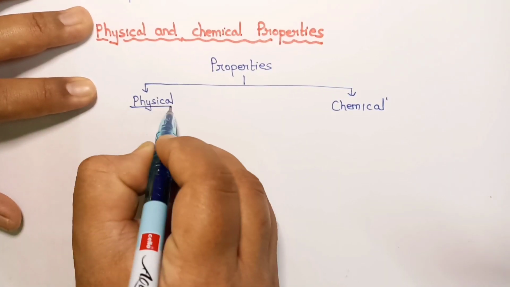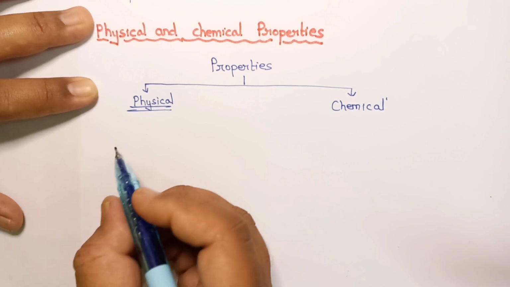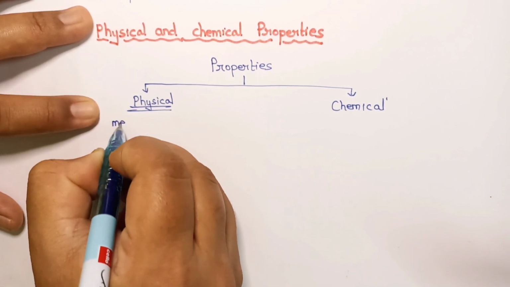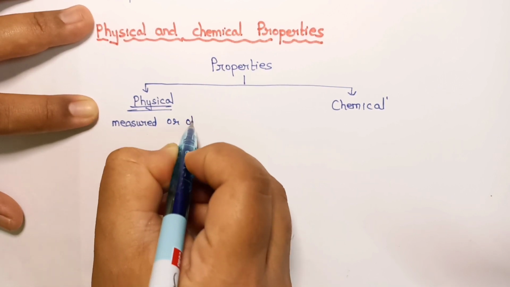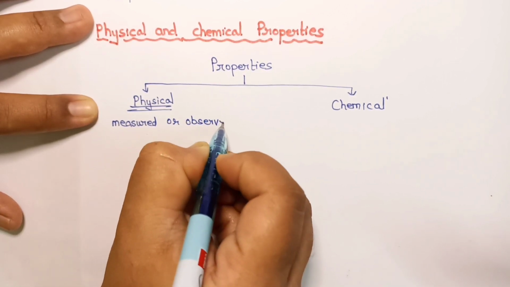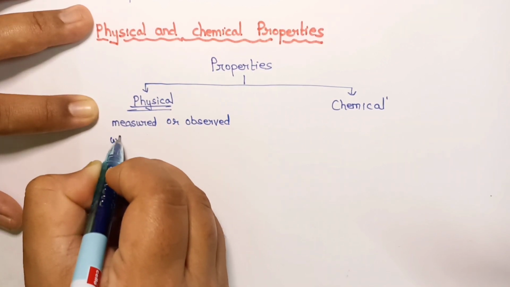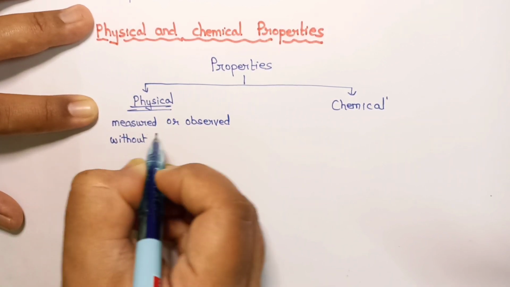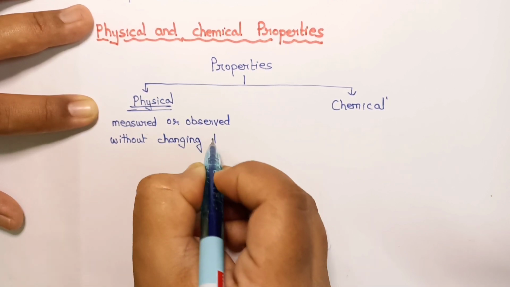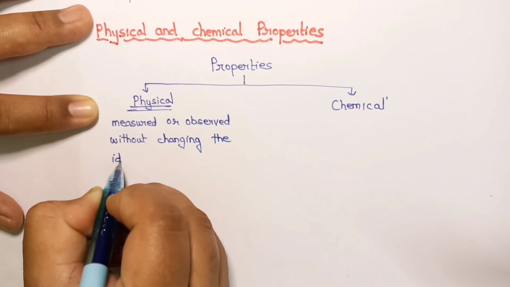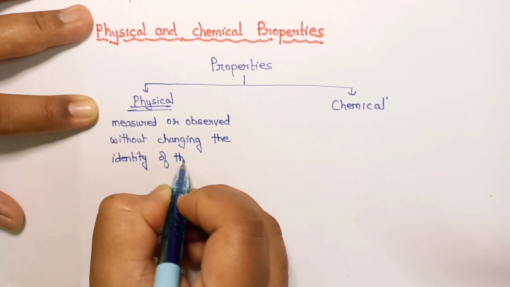Coming to the physical properties, what is meant by physical property? The properties which can be measured or observed without changing the identity of the substance.